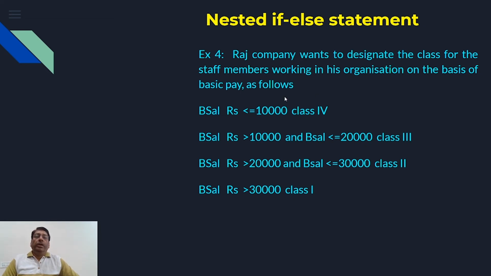So as I told you in the previous example, either you can start writing the code from this point, or you can as well start from the last condition. So let's try to write this with the help of last condition. That is basic greater than 30,000, then you will come to basic greater than 20,000, then 10,000, and then it will be less than 10,000.